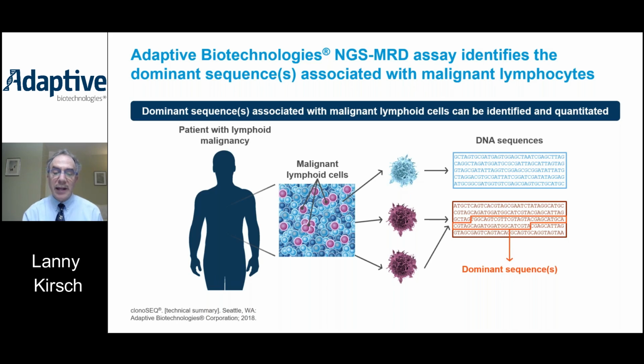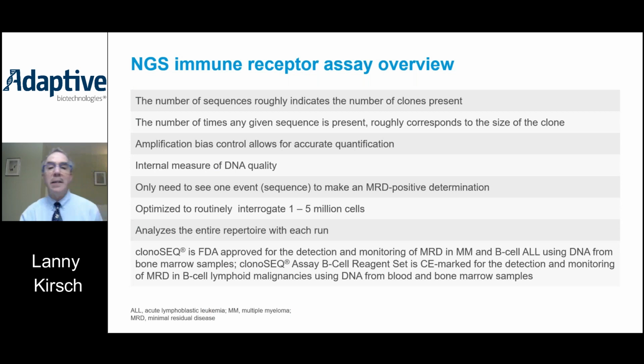Let's summarize and add just a few more points about the NGS assay before moving on. Again, the number of sequences roughly corresponds and indicates the number of clones present. The number of times any given sequence is present roughly corresponds to the size of the clone.